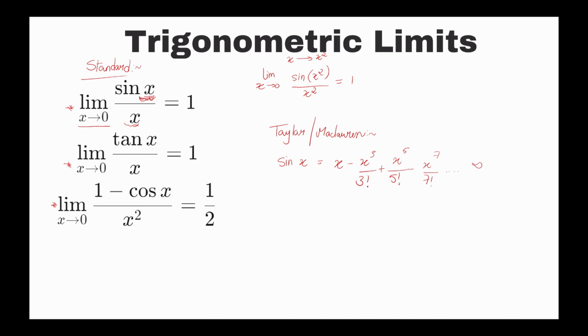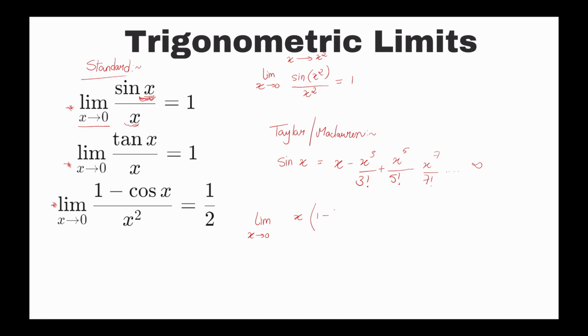So now let's say if I was to replace this entire expansion in my simple function here, limit x tending to 0 sin x by x. So instead of sin x, I can write this entire expansion here. In this entire expansion, what you can see is I can take x to be common.